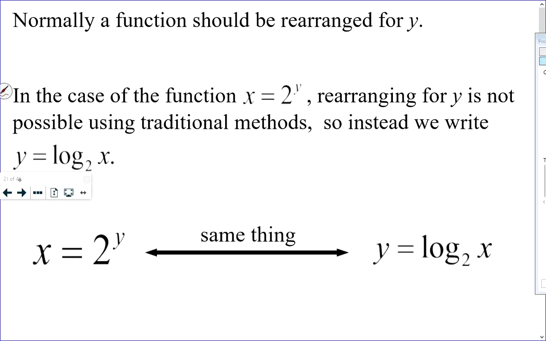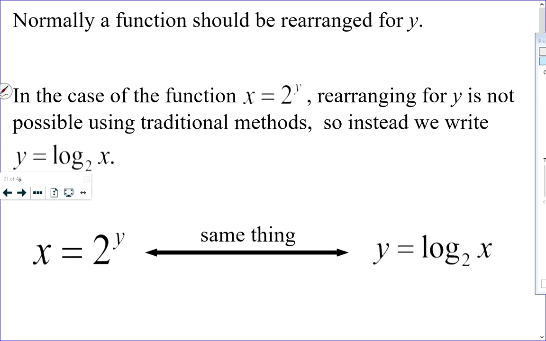I want you to notice something here, because you're going to have to be able to translate these. And again, don't worry about your calculator right now. Worry about what I'm saying. Both of these expressions have a base. There's a base of the exponential function, which is 2, and there's a base of the logarithmic. So it's the same base in both. If you have a base 5 in the exponential function, then when you translate it to the logarithmic function, it's going to be a base 5 as well.